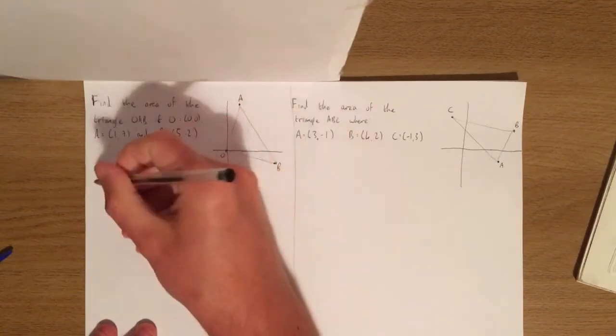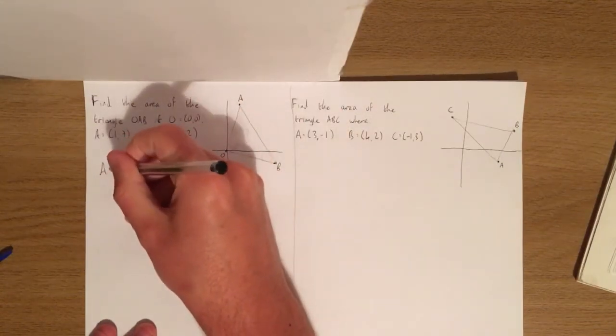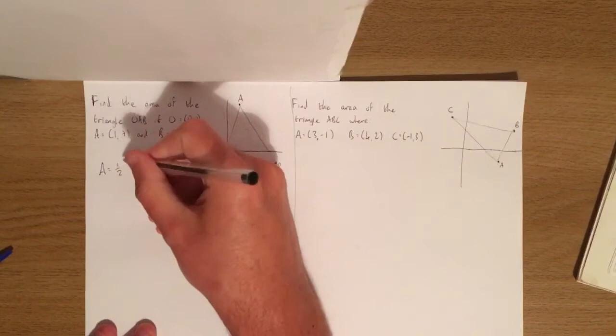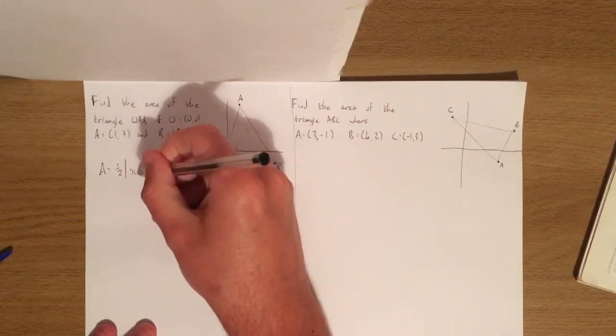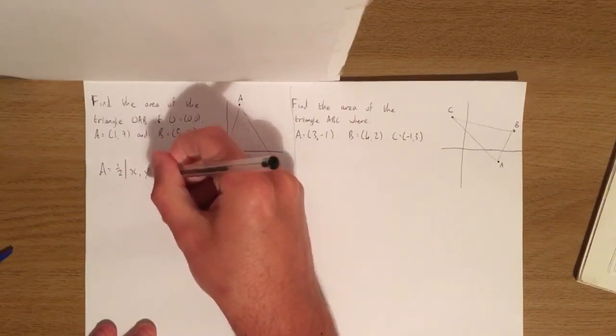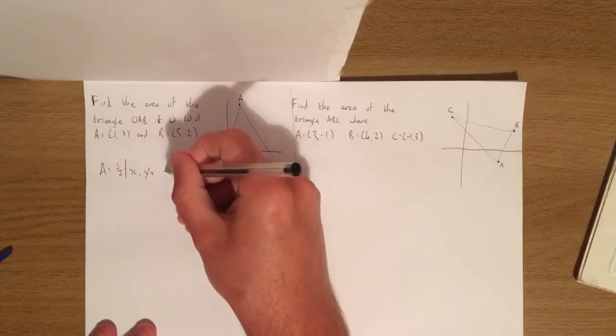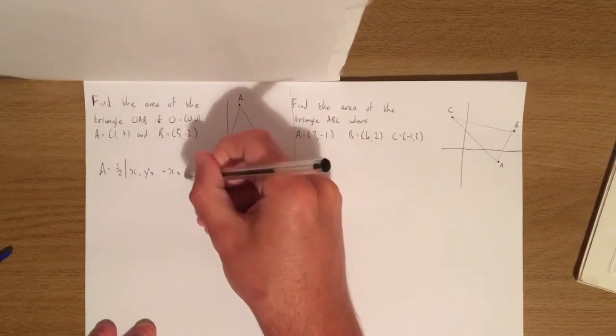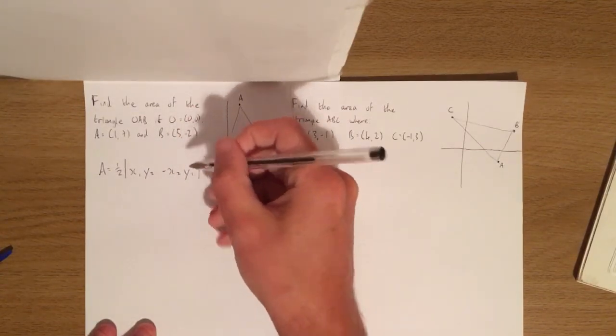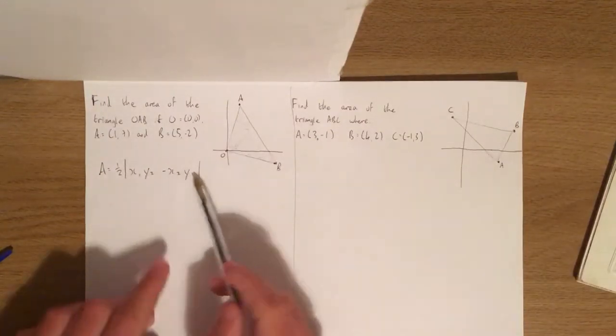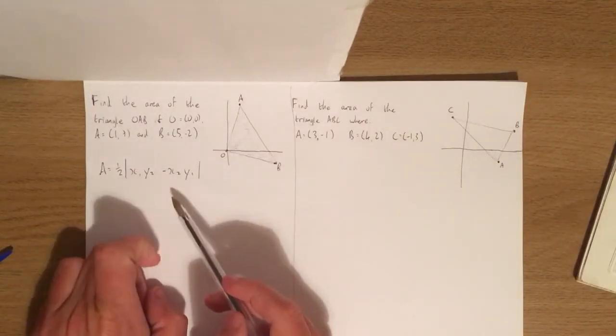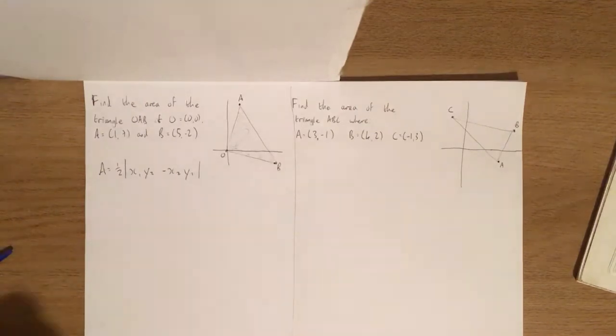So that formula is area equals a half x1 y2 minus x2 y1. So just like all those other formulas, you're labeling one of your points x1, y1, you're labeling the other one x2, y2. These vertical lines, these operate just like brackets, okay?